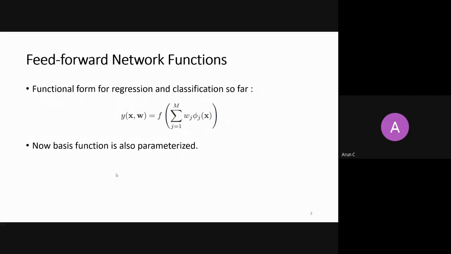In classification, we were just passing W transpose X to a sigmoid function, which will convert your distance from a hyperplane to a probability. That's what the idea was, right? So there F was a nonlinear function, right?